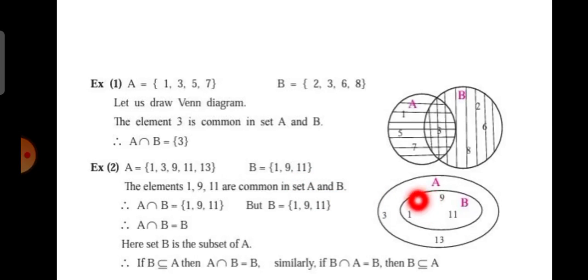So in this way A intersection B will be equal to set B. So what property will we understand? If B is a subset of A, then A intersection B will be equal to set B.